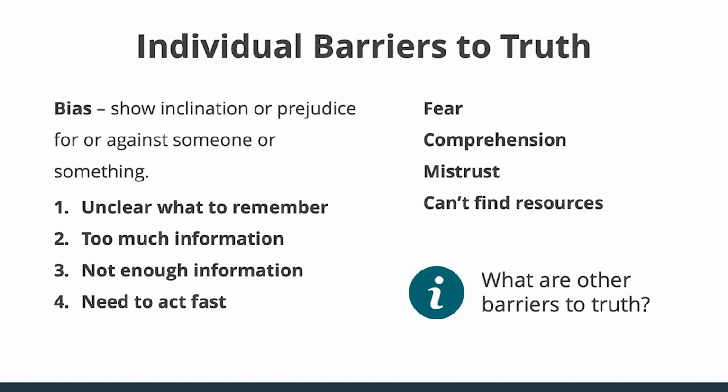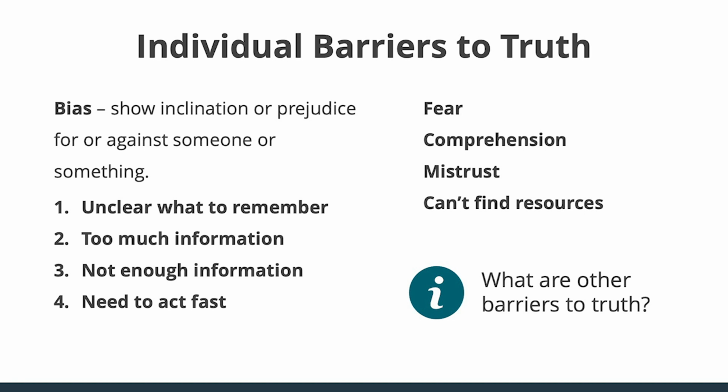One of the things we have to come to terms with is that we each have individual barriers to truth, whether you're a healthcare provider or the patient yourself. Appreciating and understanding that is really important. Some of these barriers include biases, which is the inclination or prejudgment for or against someone or something.